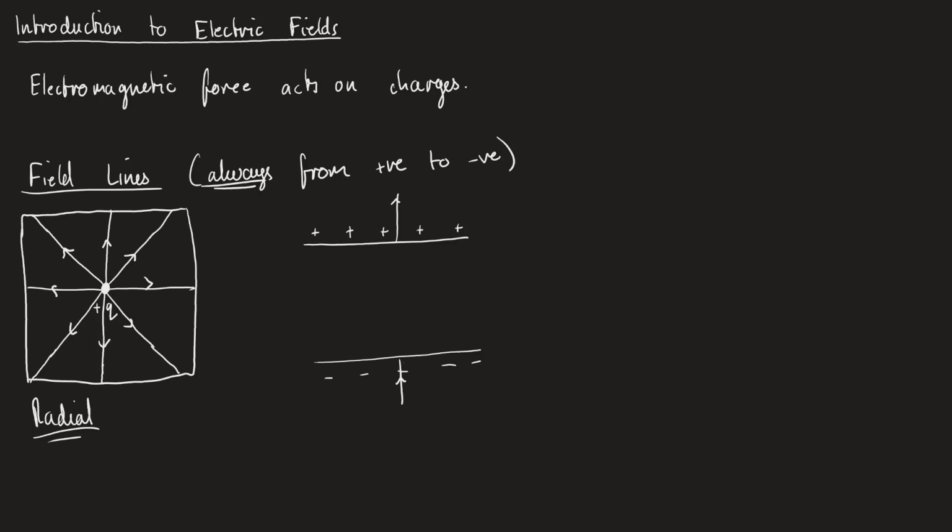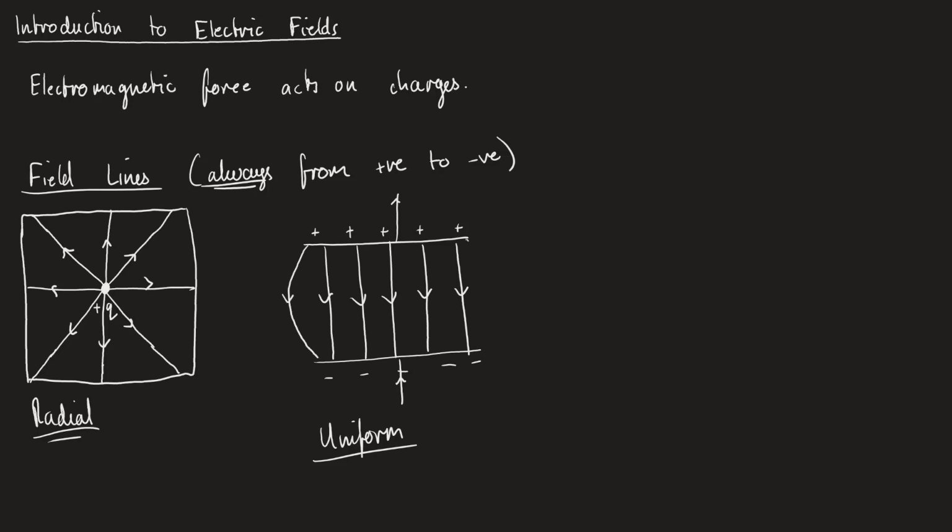And the field lines here will be uniform field lines. They will just go from top to bottom, and they always have to go from positive to negative, so they will go downwards. And this is a uniform field. So we can form uniform fields now. This is possible. There is a little bit of an extension when it gets to the end.